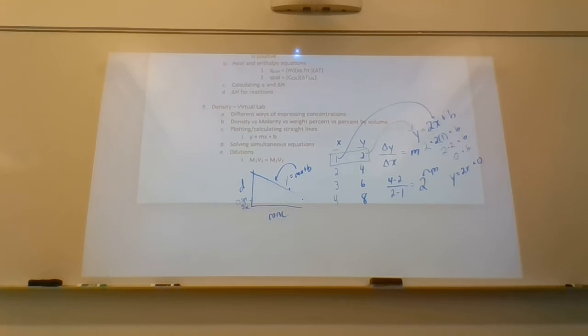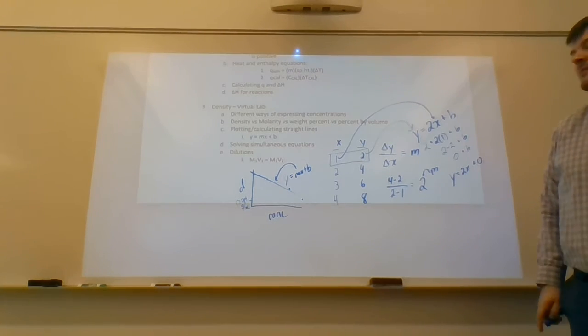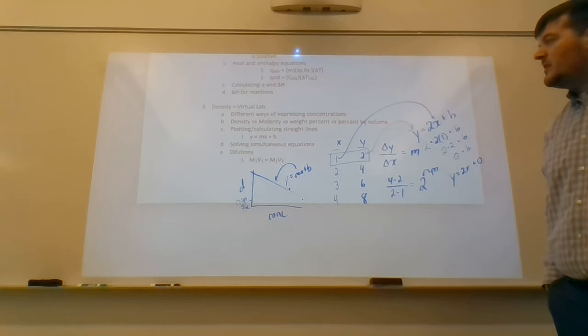Solving simultaneous equations. I'm trying to think about what this means. I'm not sure what that means. Substitution. Oh, like substituting into the y, probably. Substituting a value in for the y equals mx plus b equation that was provided, probably.